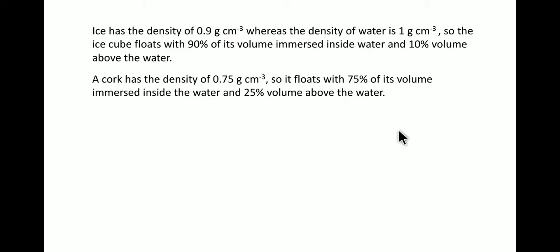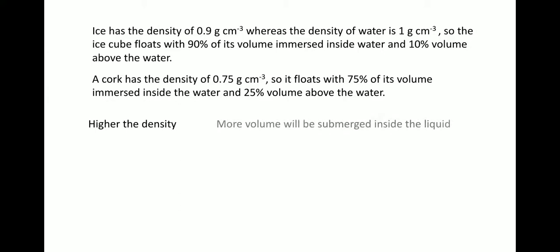I hope it's clear. So from these examples, we also need to understand that if the body has higher density, it means there will be an increase in its weight. So more volume of the body will be submerged inside the liquid.